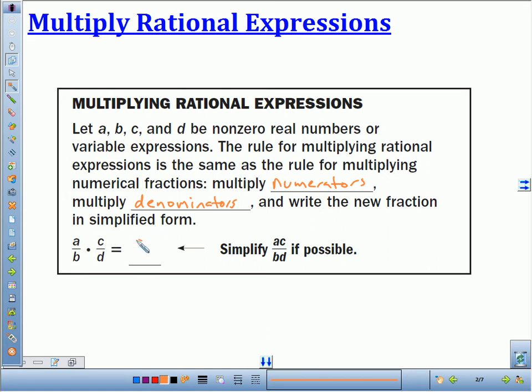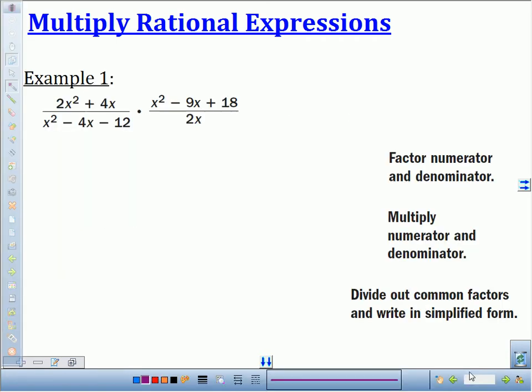A times C over B times D. Once we've got A times C over B times D, just like with simplifying, we want to see if there's anything that can cancel out. Fairly straightforward process. Like I said, it is really closely related to the simplifying process that we were doing in part 1 of section 8.4.